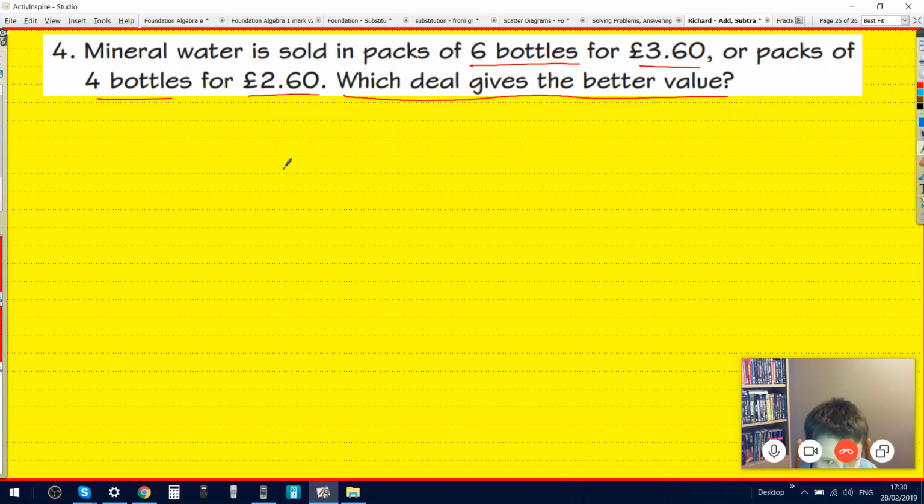By value, they mean the cost of one. One way you could check value would be to find the cost of 1 bottle. Or another way would be to get the same number of bottles for both. Okay, so any idea how to do that?